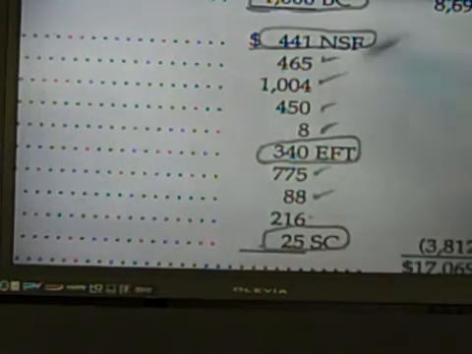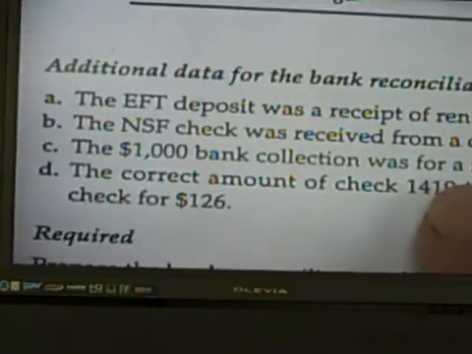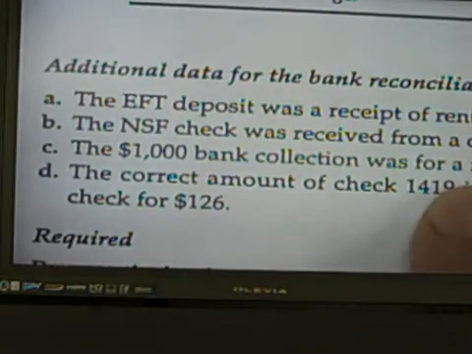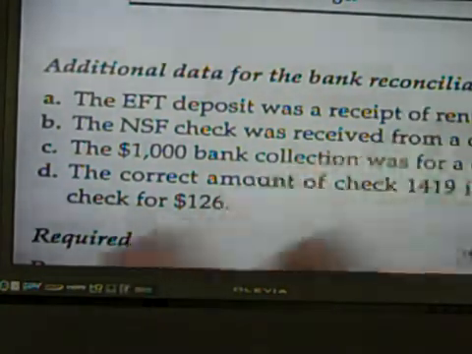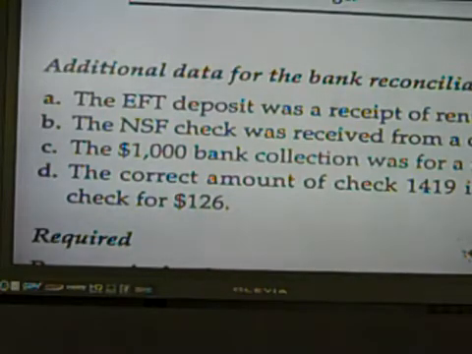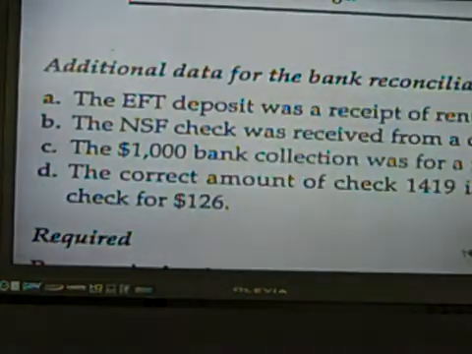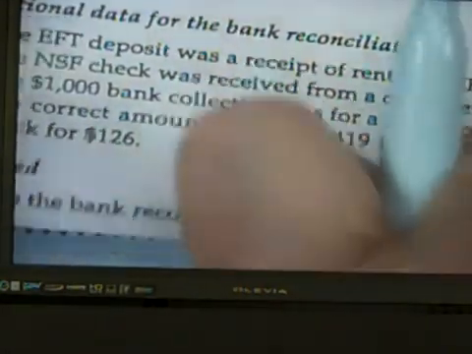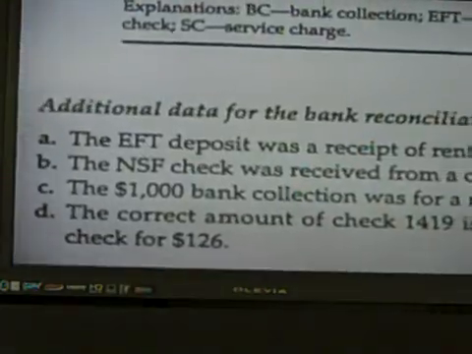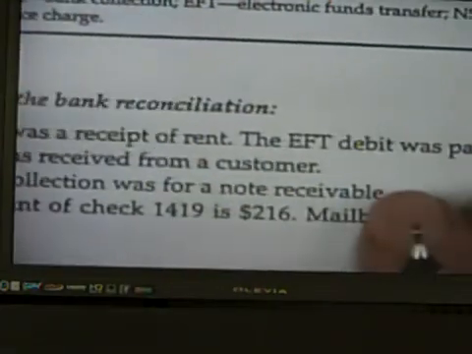Okay? So now we've picked out all of our differences, and for all these items that need to be reconciled that are not outstanding checks or deposits in transit or something that needs a little more explanation, we've got some explanation right here. So some of those things, it tells us what they are. For example, it says down here, the EFT deposit was a receipt of rent.